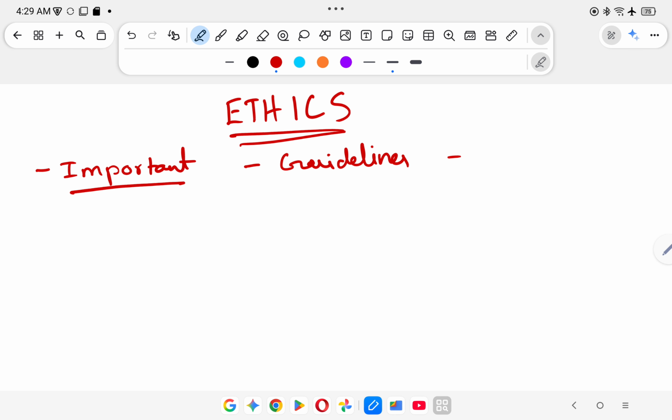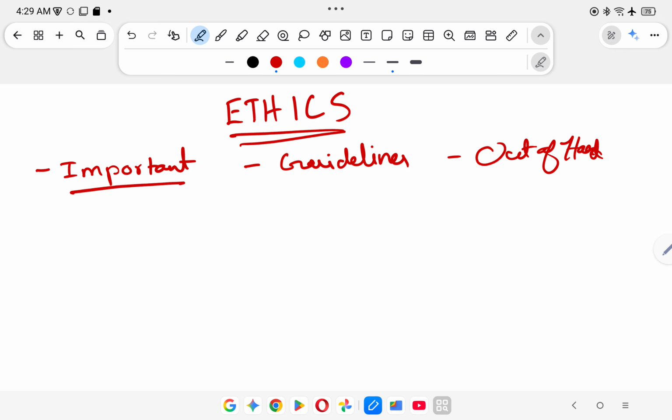But we should know these ethics, because without them, our research can get out of hand. If we do something unknowingly, to avoid that, we try to learn these ethics.